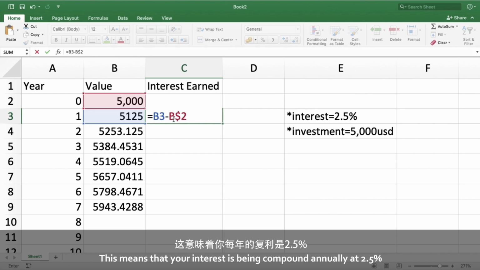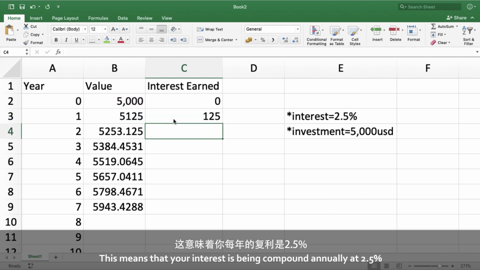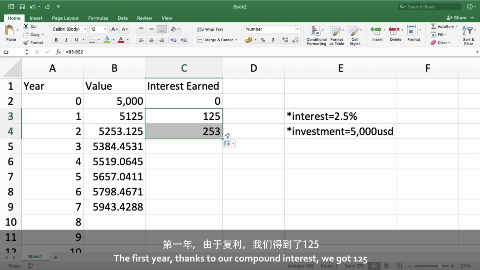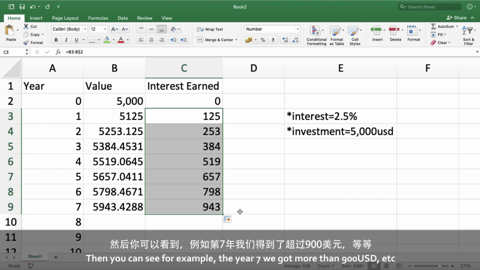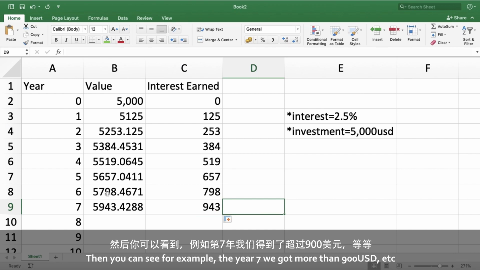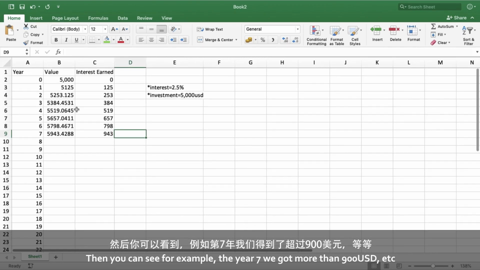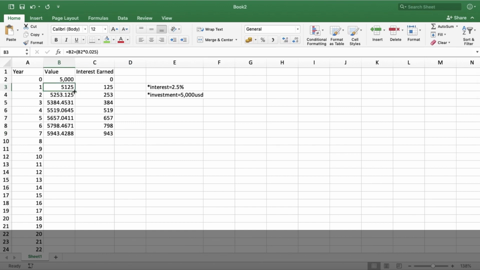This means that your interest is being compounded annually at 2.5%. The first year, thanks to our compound interest, we got 125. Then you can see, for example, the year 9 we got more than 900 USD, etc., etc.